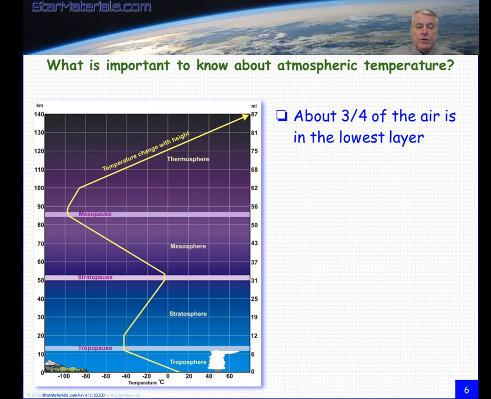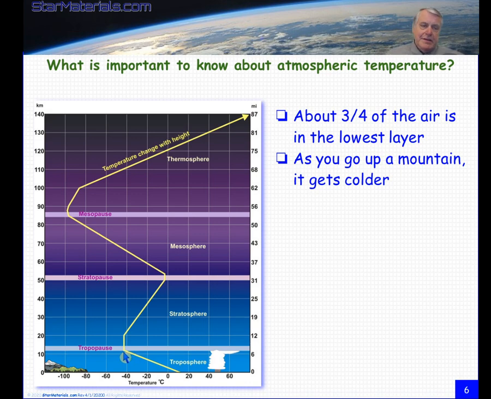And then 1/4 is the rest of the atmosphere. Here are mountains down here. So as you go up a mountain, it gets colder. Yeah, we get that. We're in the troposphere. Most of us, all of us, live here.